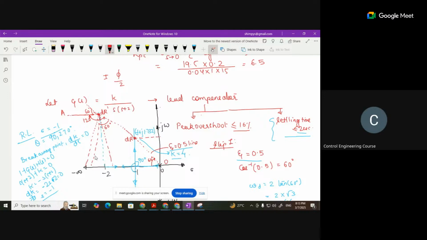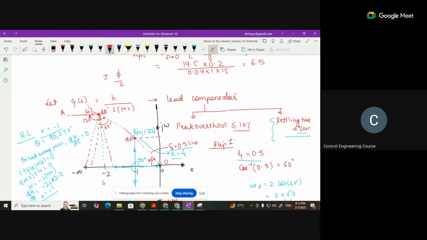You can note it down and draw it, and you will see the sum of angles comes out to be 15, 15. If you extend it on the real axis, the poles at s equals 0 and s equals minus 2, the angle of contribution will come out to be 30 degrees.